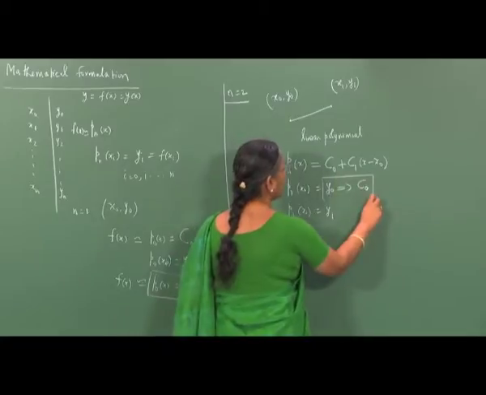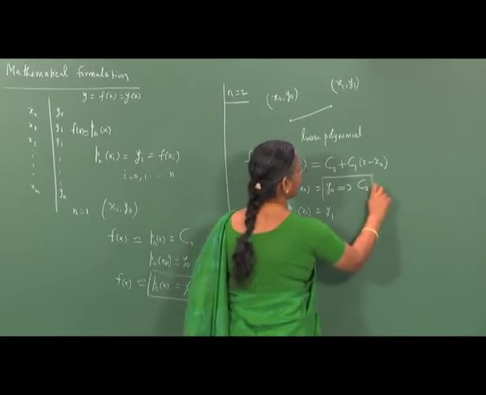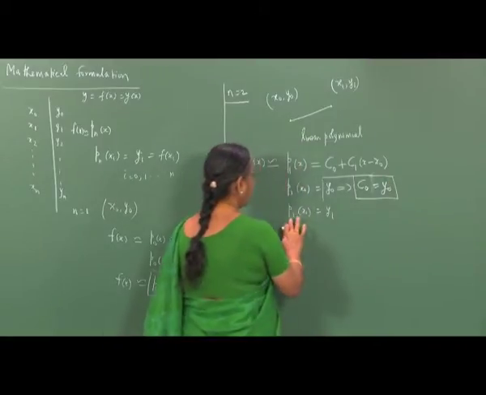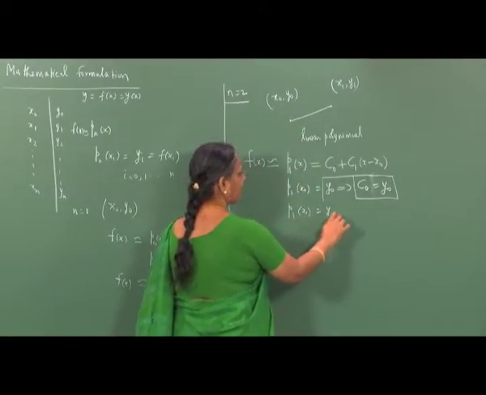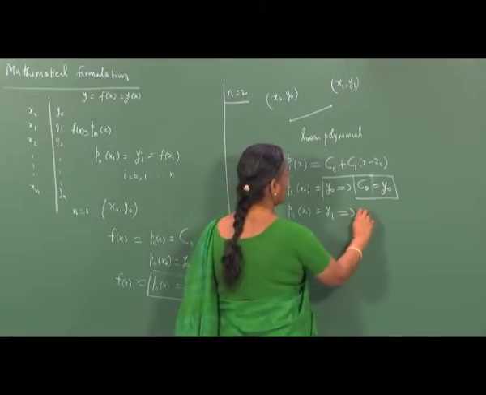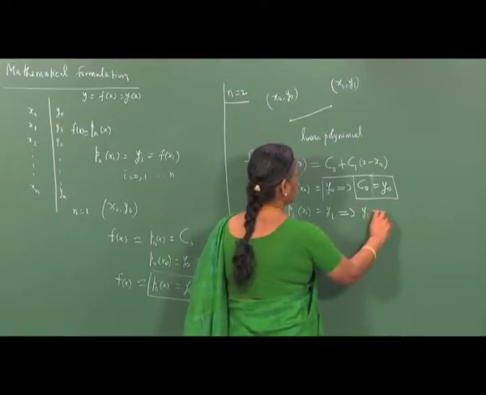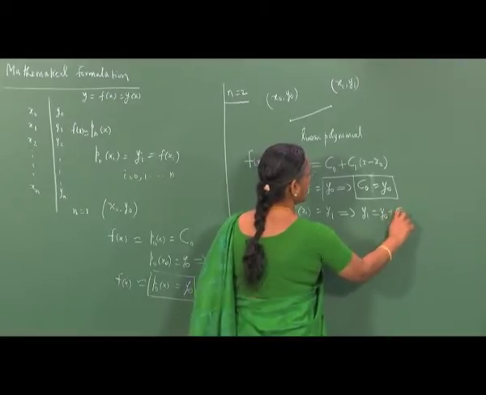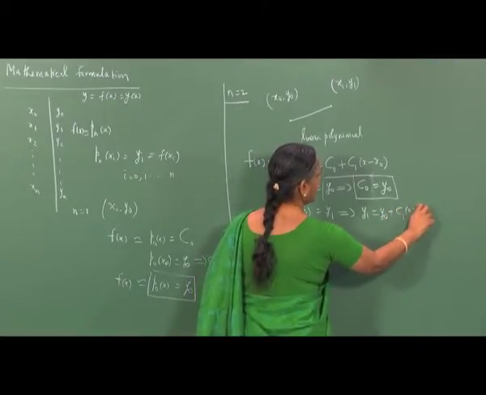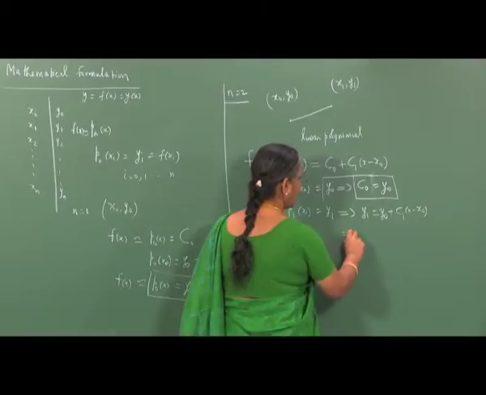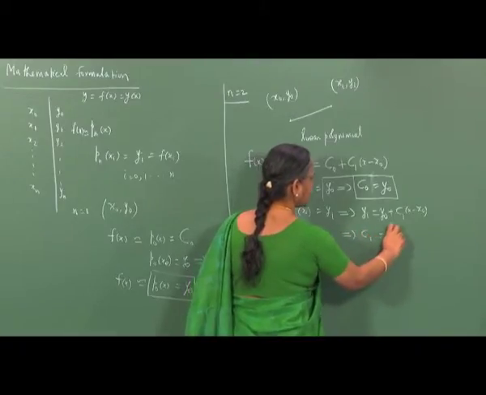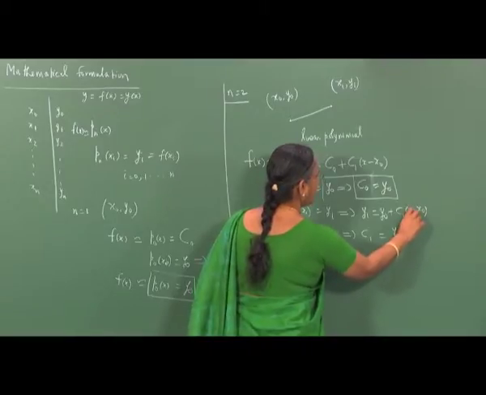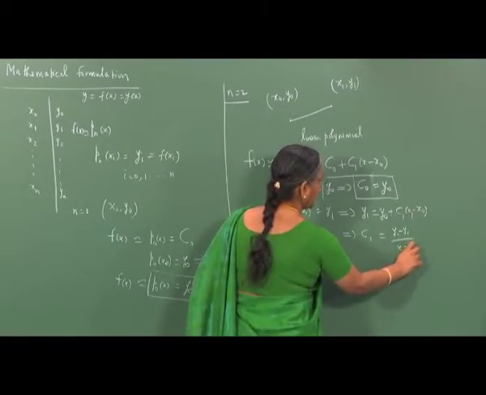So, c0 is y0, right, and if the condition p1 of x1 is equal to y1 should be satisfied, then it means that y1 is equal to c0, that is y0, plus c1 into x1 minus x0. So, that immediately gives us the constant c1 to be y1 minus y0 by x1 minus x0.